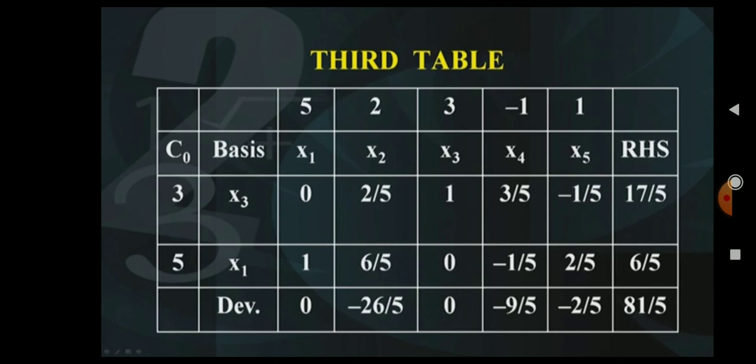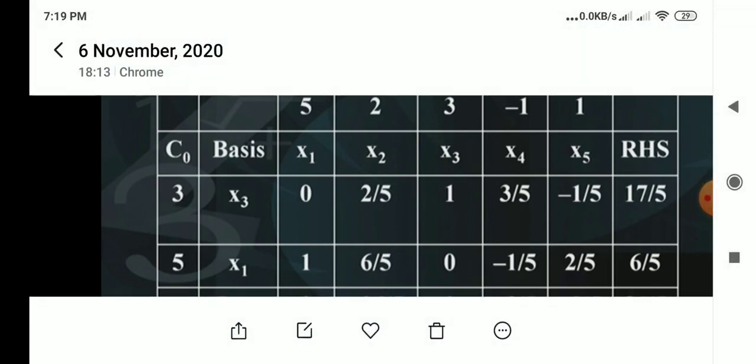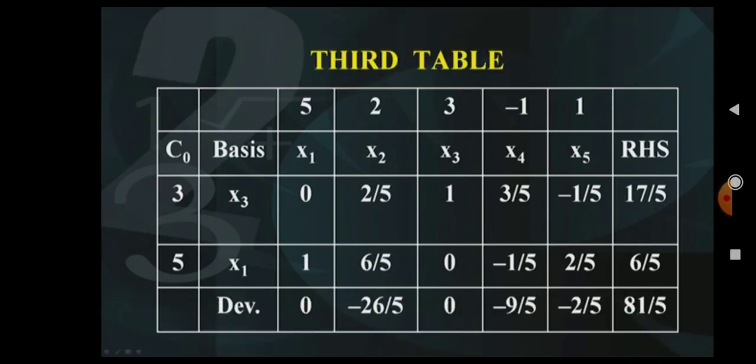You can see here the deviations are 0 or negative, so it must be stopped here, and we have to calculate the maximum value, which is x3 equal to 17/5 and x1 equal to 6/5, with all others as 0. So z equals cx, which is 3 into 17/5 plus 5 into 6/5, equal to 81/5.